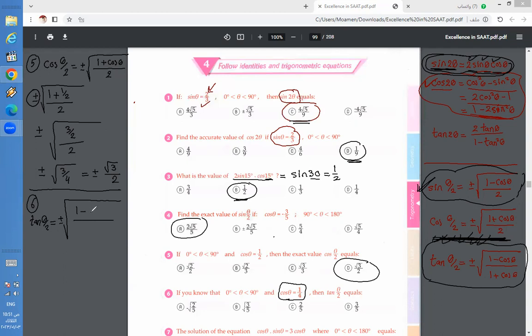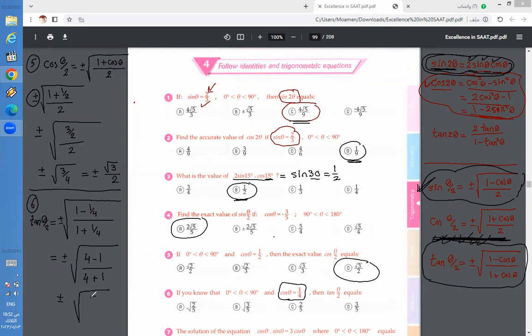We remove cosine and put a quarter. Then we multiply by 4, both up and down. So it will be 4 minus 1 over 4 plus 1.